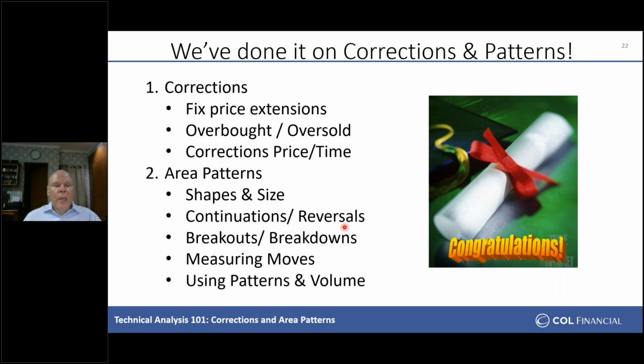Now, continuations or reversals. Well, we would like to categorize area patterns so that we know what to expect. If we do see a continuation type of pattern come in, then we know that whatever the prior trend was, more likely it will continue thereafter.